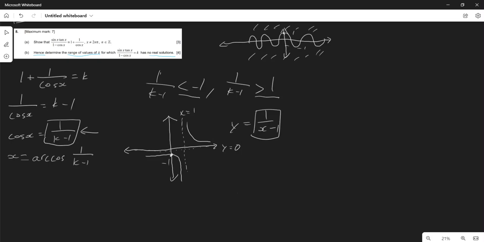So since we want the whole of 1 over k minus 1 to be greater than 1, we want to look at the y values. And the y values that are greater than 1 are going to be here somewhere, right?